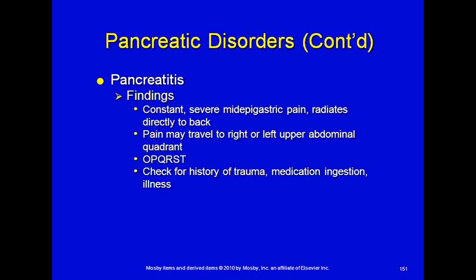You also want to think about medication ingestion. Certainly an overdose of non-steroidal anti-inflammatories, aspirin, those sort of things can cause pain in the abdomen. And then illness. Do they have pancreatic cancer?